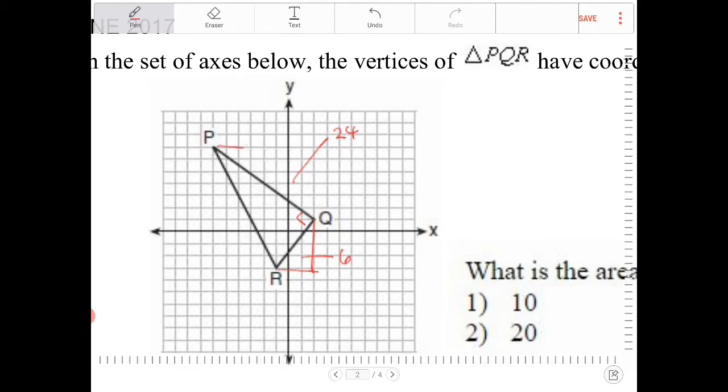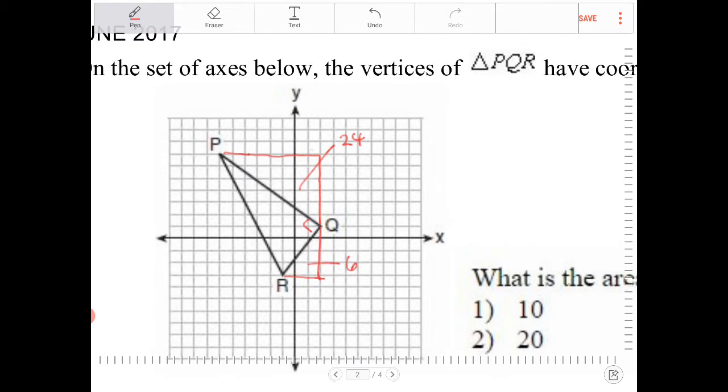Let's see here. 2, 4, 6, 8, 2, 4, 6. Yeah. And then this guy over here is down 12, right? And over 2, 4, 5. So that means this has an area of 30. So if you combine all this together, this will be 60.